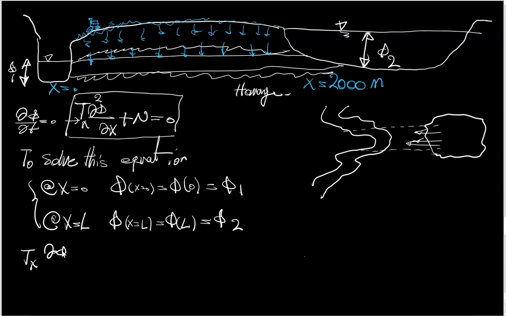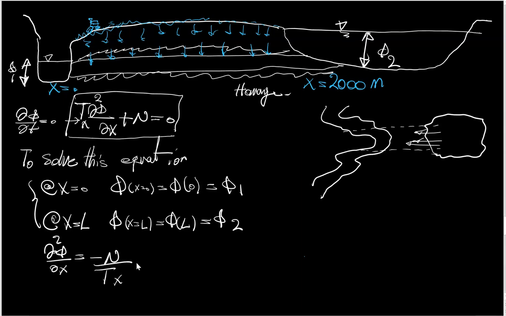So this will be the second derivative of phi with respect to x equals minus N divided by Tx.